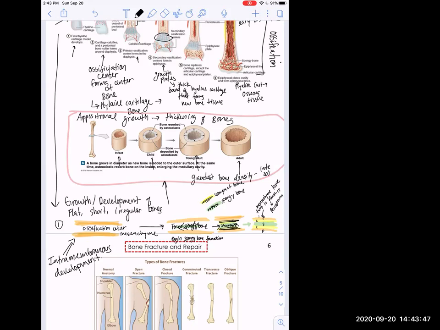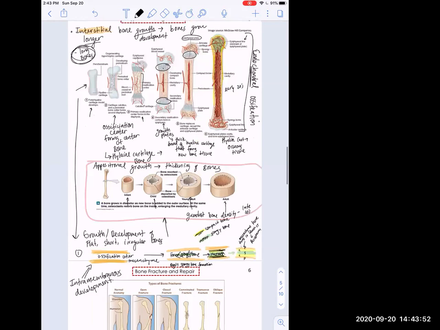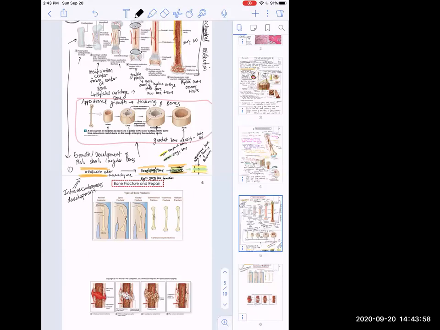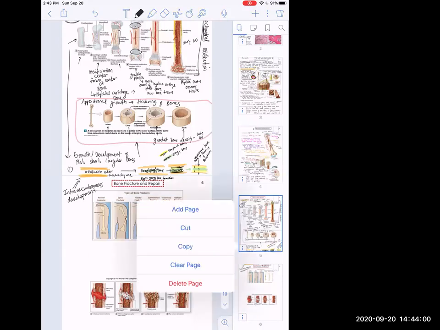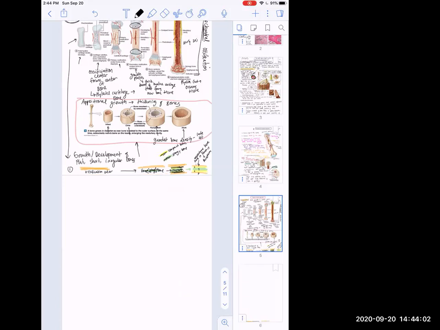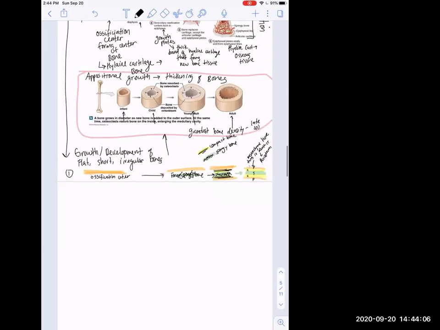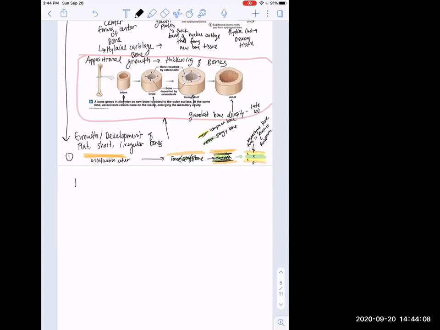You have a couple of terms here, and this gets a little confusing, so I'll add a page here real quick because I think that was confusing. There are a couple of different terms. You have two types of bone development, and I do apologize for some of this confusion.